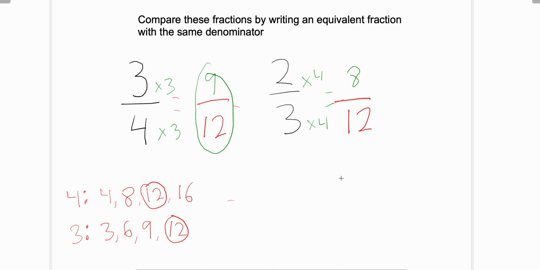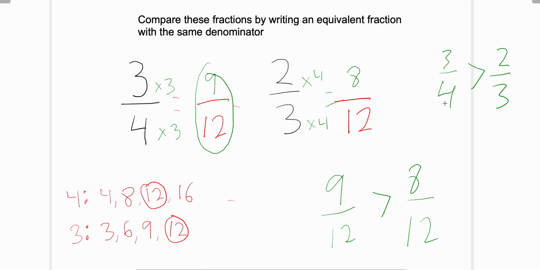So we can say that 9/12 is greater than 8/12, such that 3/4 is greater than 2/3.